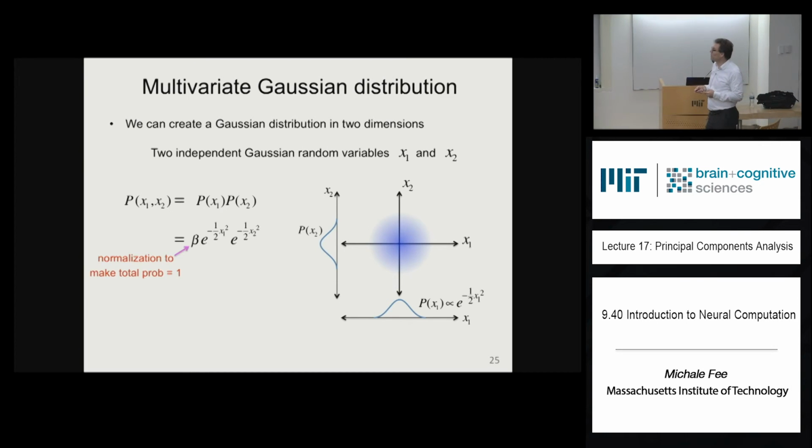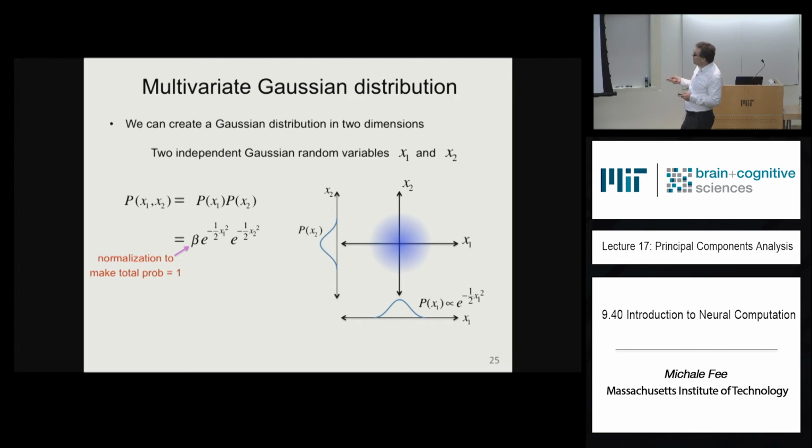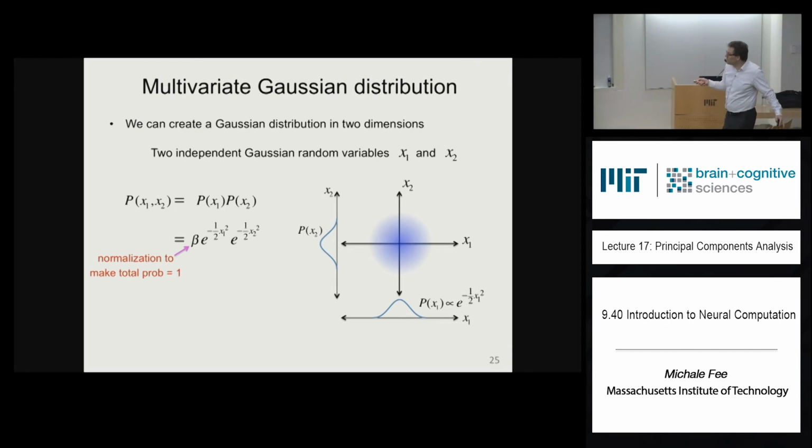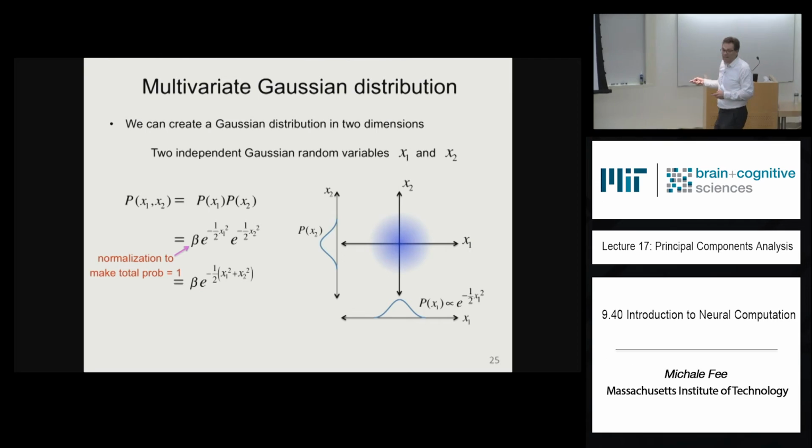It's simply the product. So the product of these 2 distributions is e to the minus 1/2 x1 squared times e to the minus 1/2 x2 squared. And then there's a constant in front that just normalizes so that the total area under that curve is just 1. Okay, we can write this as e to the minus 1/2 (x1 squared plus x2 squared).